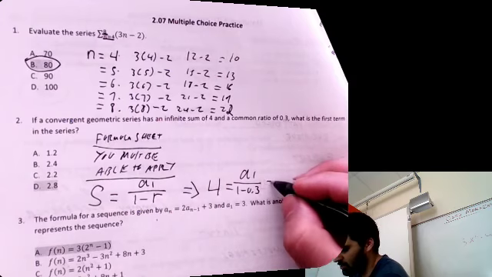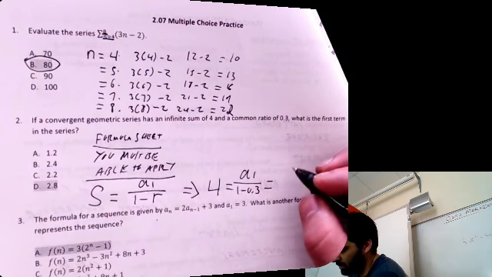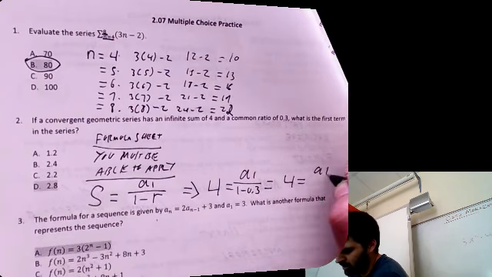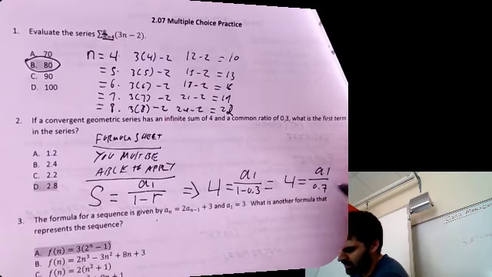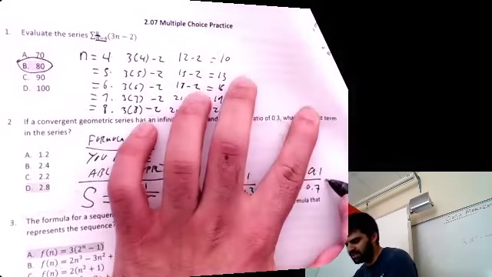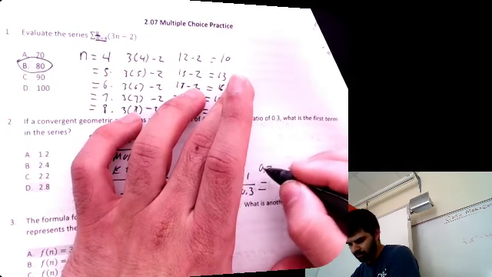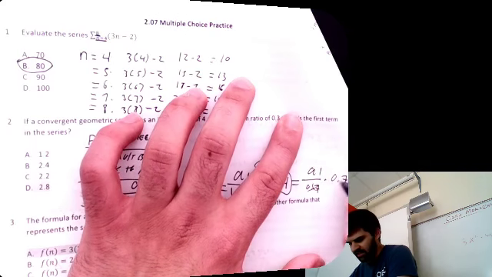And 1 minus 0.3 is 0.7. So what I do is I multiply each side by 0.7. And here the 0.7 cancel out.